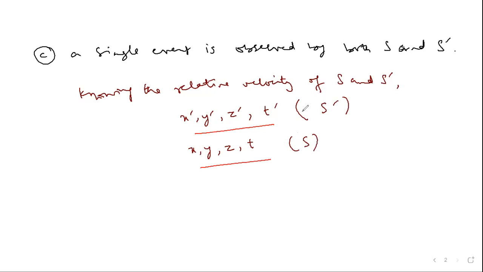Now we simplify this problem by always choosing the x and x prime axis to be along the direction of relative velocity, as shown in the figure. The situation is like this. We draw a figure.